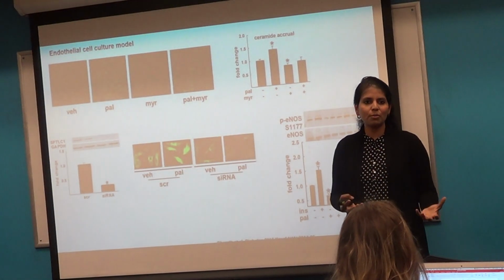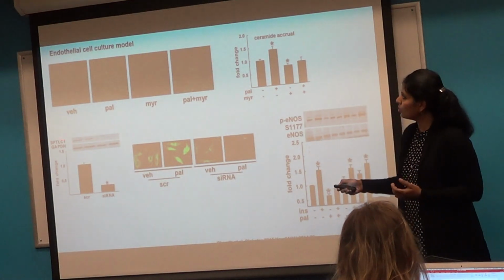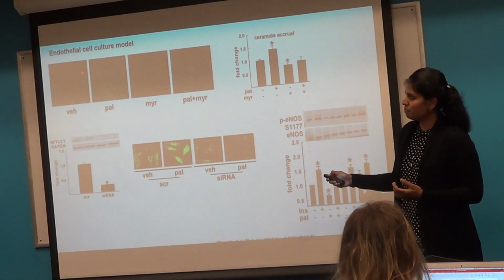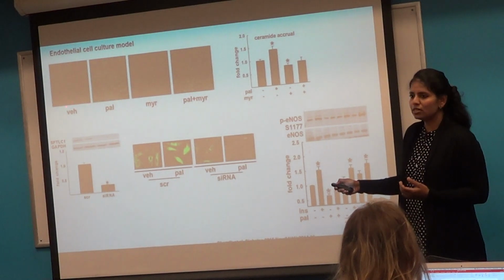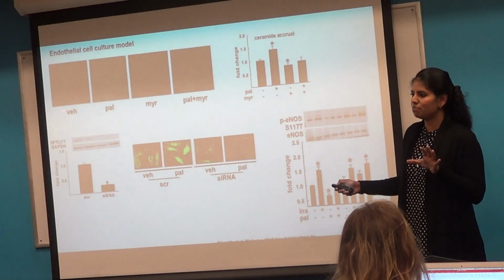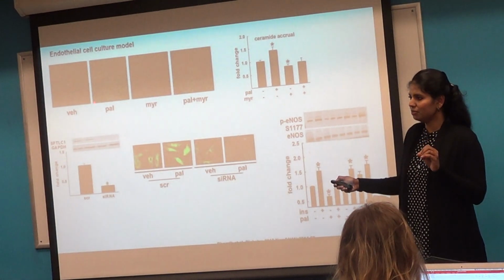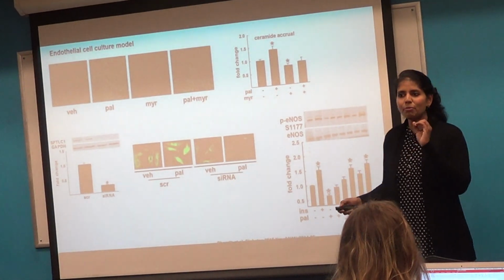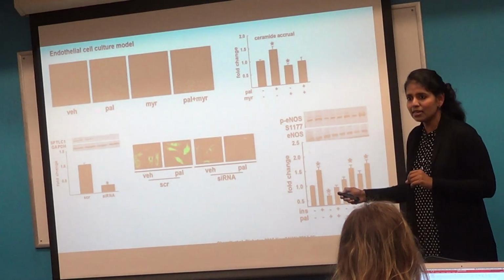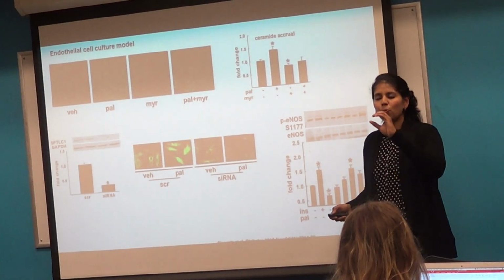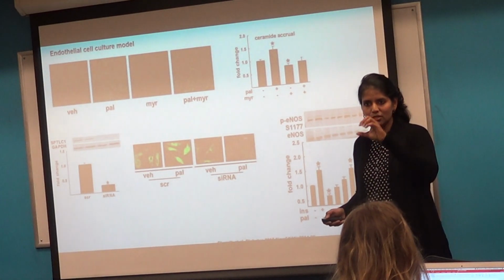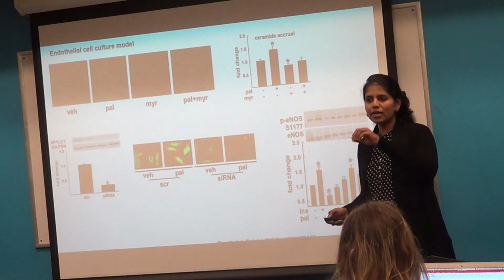What happens to ceramide? The first thing we want to see, once again, is the vehicle, meaning the untreated one, which doesn't have any high fat in it. The next one is the palmitate-treated cell. You're looking at ceramide accrual. Once again, this is a technique where you put a fluorescence molecule into the cells and it binds to ceramide.